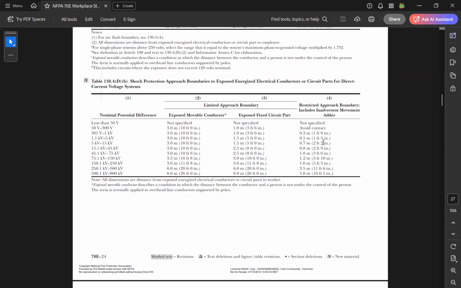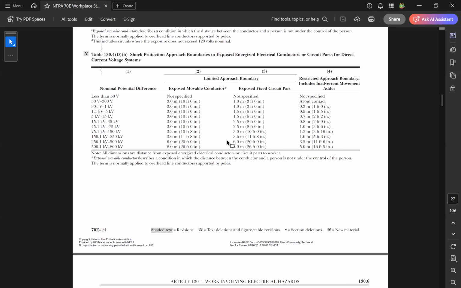There's no required distance for you to adhere to at that level. For limited approach though, again, you have 3 feet 6 inches. So that'll be the limited approach boundary that you would use for that nominal voltage.